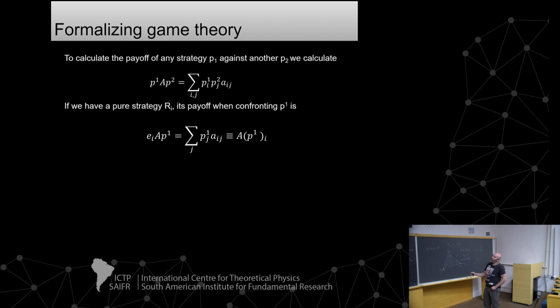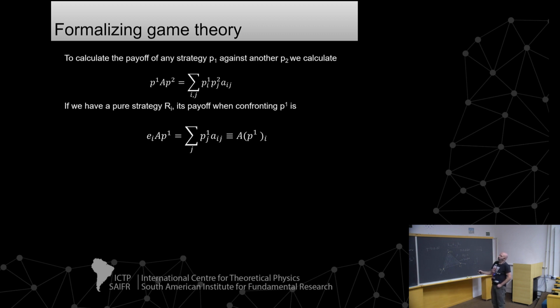In this case, this vector will have this form, a canonical vector with only one component different from 0 and being equal to 1. And to get the payoff of this pure strategy, what I need to do is to multiply this vector again by the matrix and also by P2.